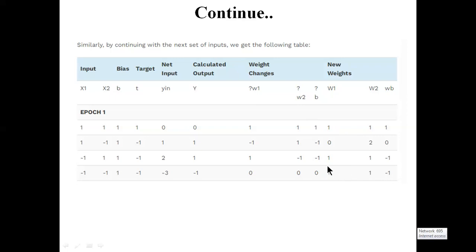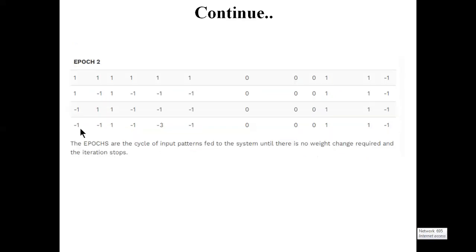But it is possible that for this weight combination, not all the input output combinations are satisfied. That means accuracy has not been satisfied. Then the iteration process will continue again using these weights, from step one, from the input output combination 1 1 1. That is the epoch.